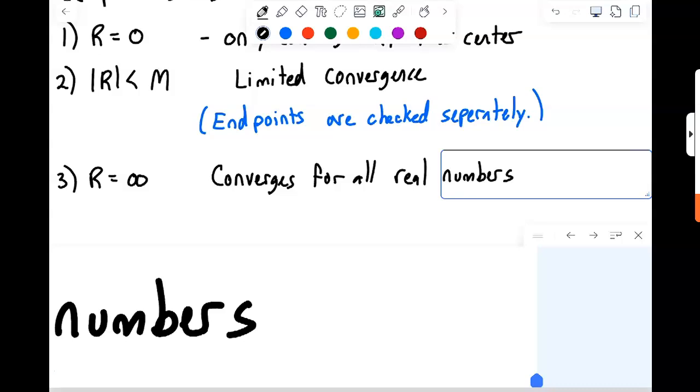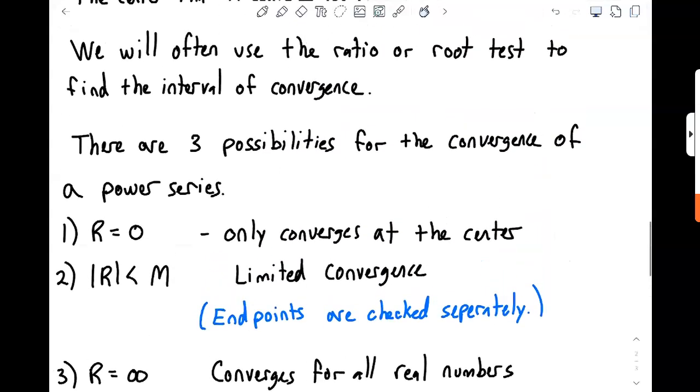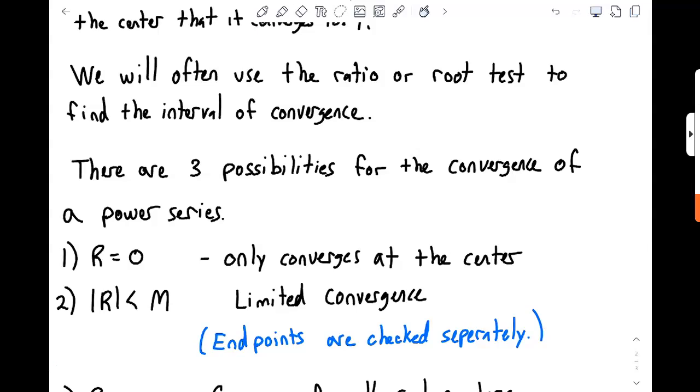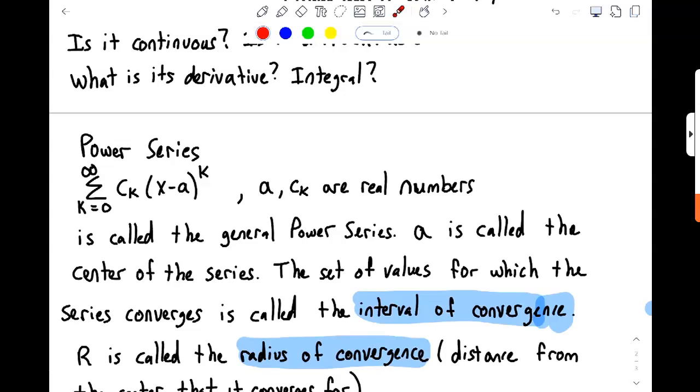And so what we're going to be doing in the upcoming videos is looking at some power series, and we'll look to see what kind of convergence it has. You'll find again that we are very often using the ratio and root tests. The reason we use those is because, how in the world are we going to do an integral test on an infinite polynomial?